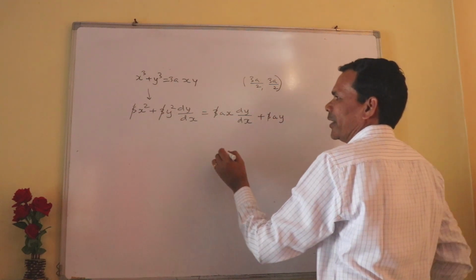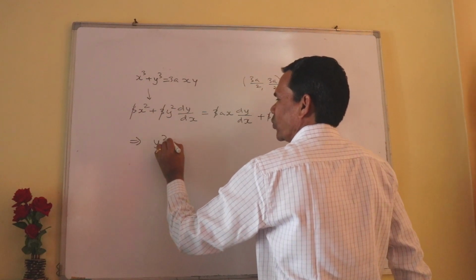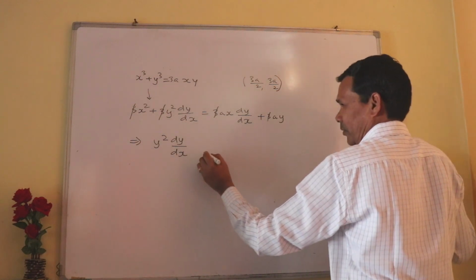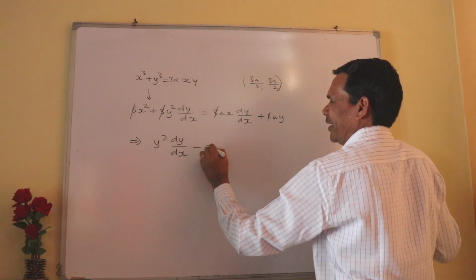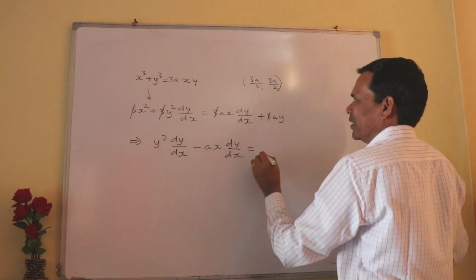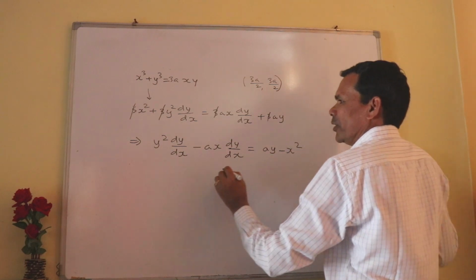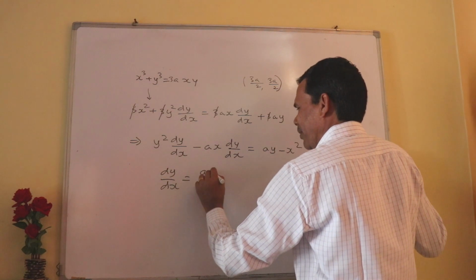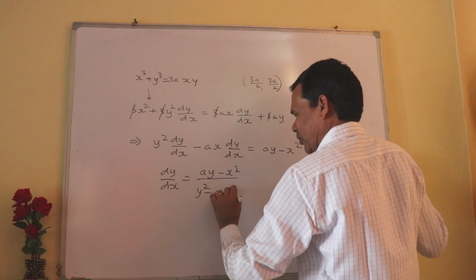So collecting the terms of dy by dx, y square dy by dx, I just take this term on the right hand side, minus ax dy by dx, collecting the terms of dy by dx, and the right hand side would be ay minus x square. So dy by dx is equal to ay minus x square divided by y square minus ax.